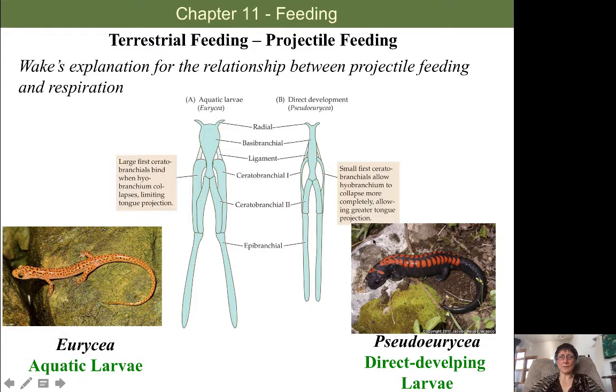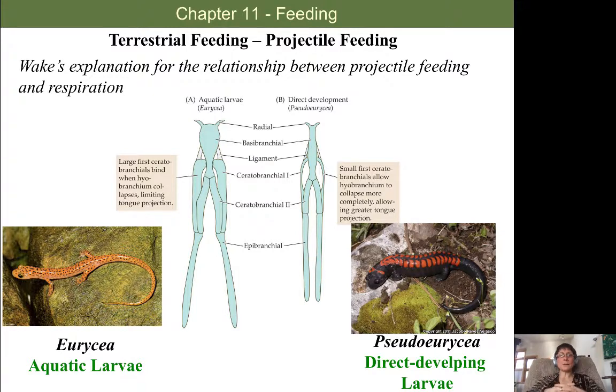Remember, these guys are going to hatch out as little miniature adults. These guys are going to go through metamorphosis, and when they go through metamorphosis, they retain this much larger hyobranchial apparatus. But the points that I want you to take away from this is that there's variation in salamanders. The plethodontids exhibit the most extreme projectile tongue protrusion.